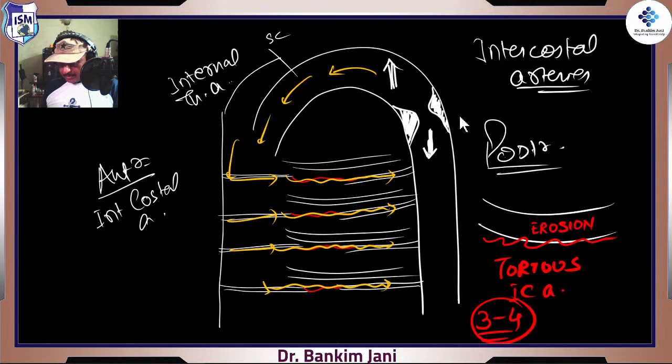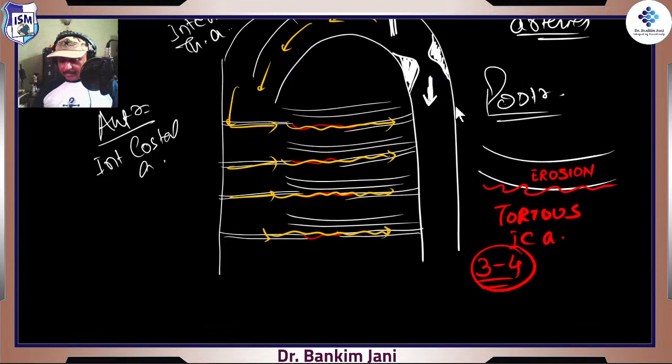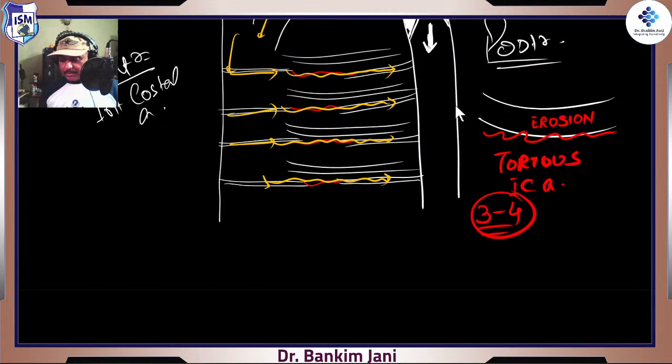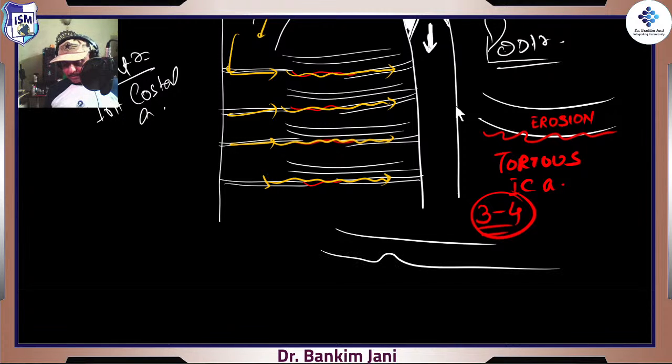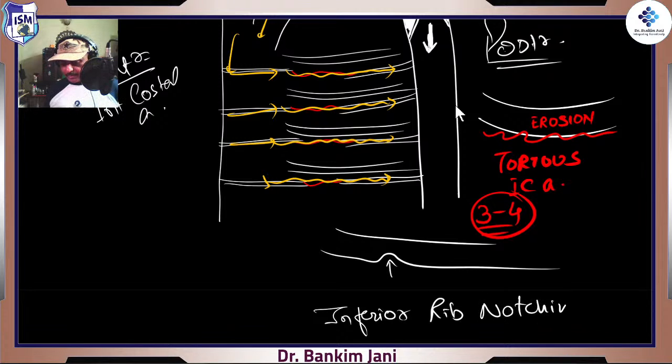So the third and fourth will show this erosion, and that erosion shows a very classical thing over here, that is called inferior rib notching.